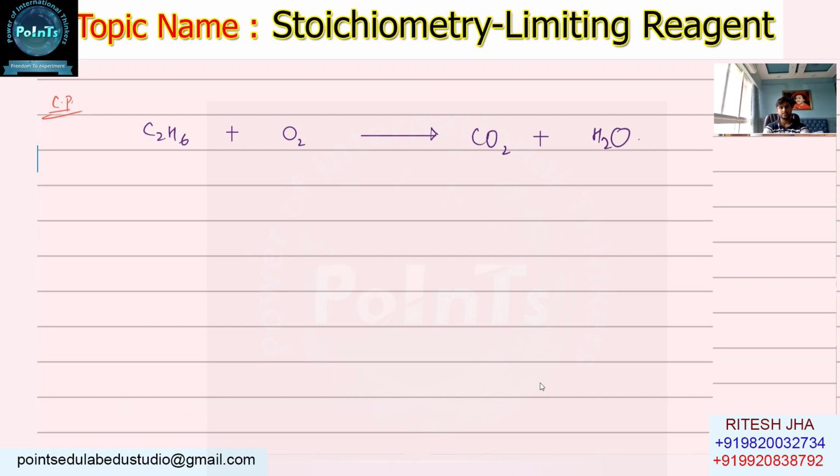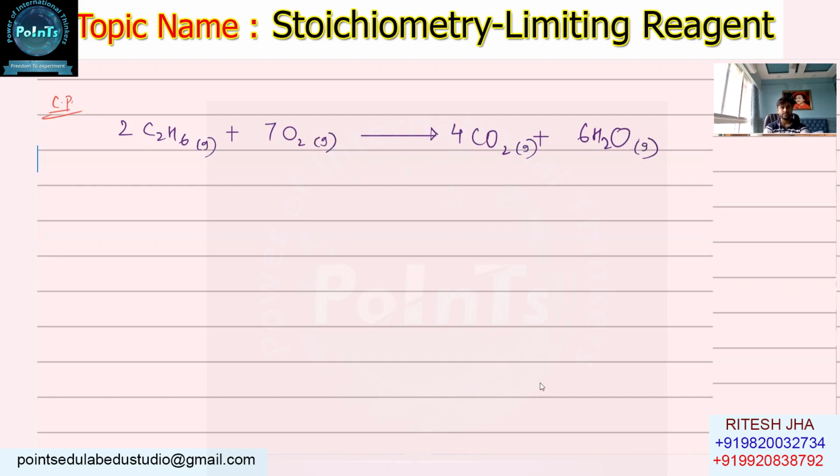When we balance this, it is 2 C2H6 plus 7 O2 giving 4 CO2 plus 6 H2O. This is the balanced chemical equation. All of these are gases, by the way.